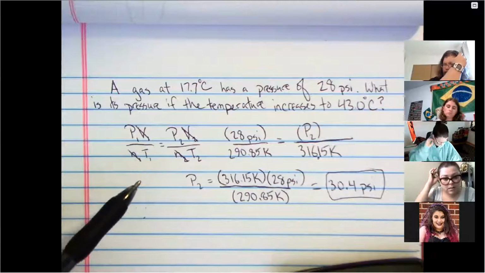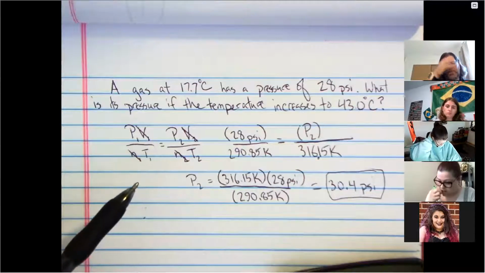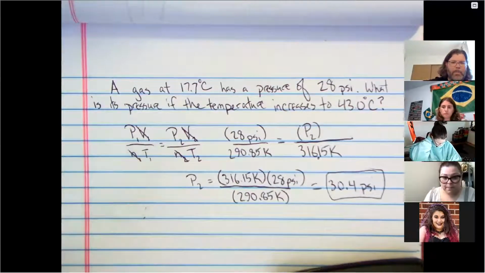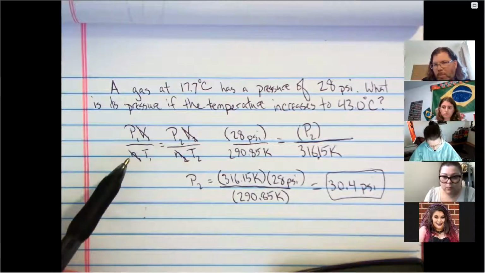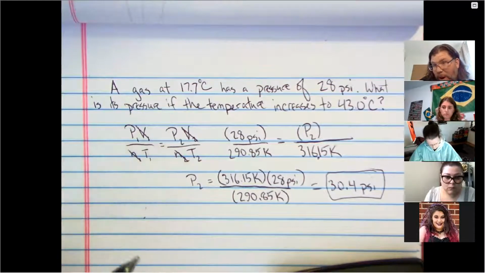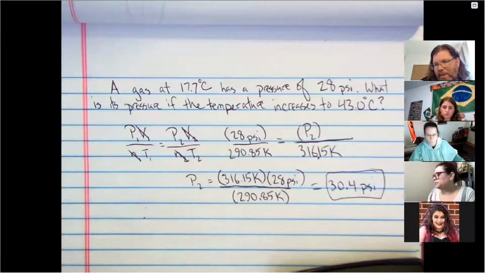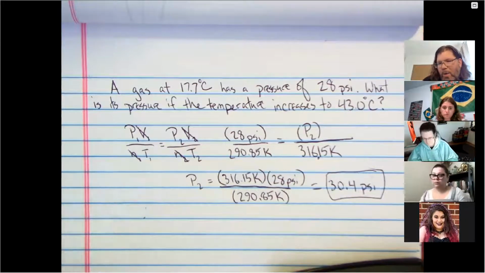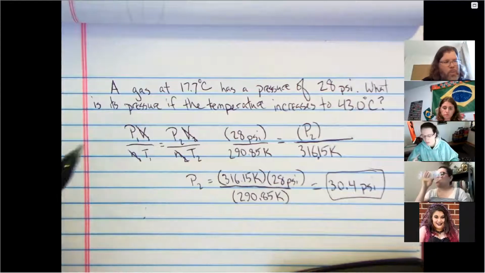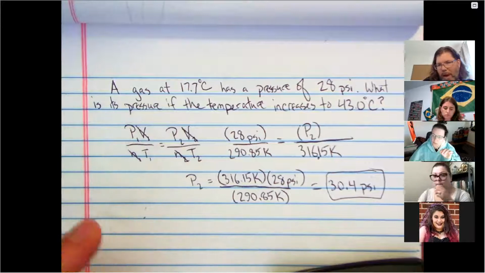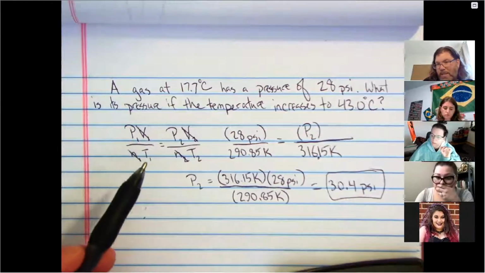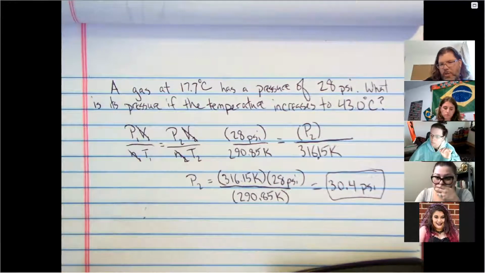Yeah, it really does. This is much nicer, cleaner. It is. So what we would have to do to solve this problem without this form of the ideal gas law is figure out which variables were changing and then figure out what law we would use. And it would be Amontons' law here, but who cares about that? We don't need the individual laws when all of them are included in this statement, right? That's why I like this form of the ideal gas law anytime there's changing conditions.